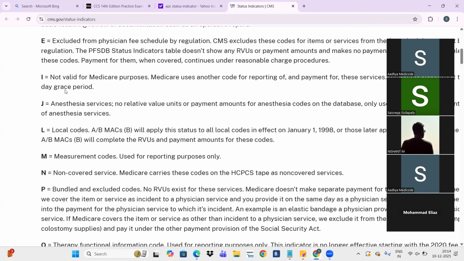Non-covered services. Medicare carries these codes on the SCPCS tape as non-covered, which means the services under APC status indicator N get no additional payment, no separate payment. These services are non-covered. They are not covered in the payment. Clear? There is no payment for APC status N services. So note down what APC status indicator N means.